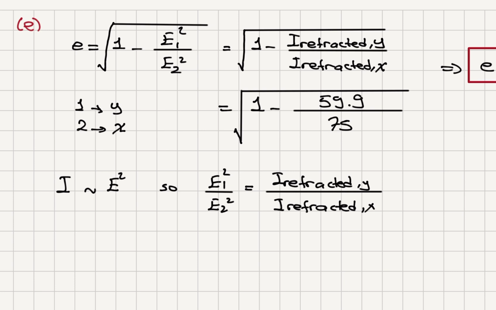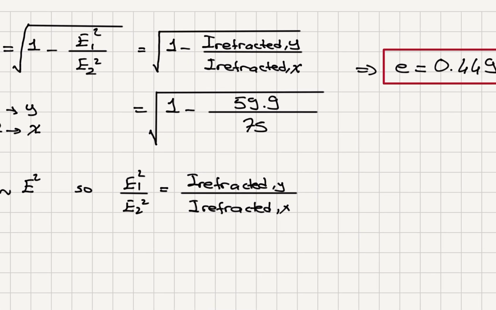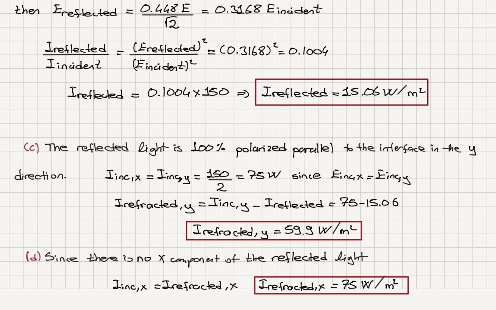If I do it otherwise, then I would get an imaginary number for eccentricity. So this must be the correct convention to use to find the eccentricity in this case.